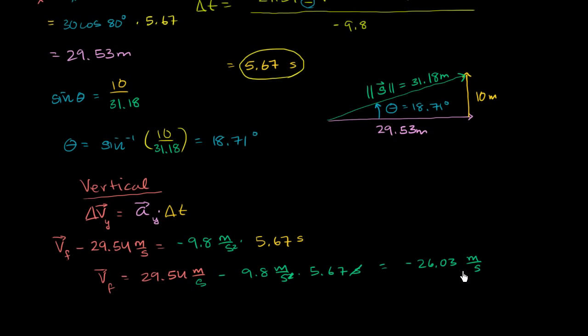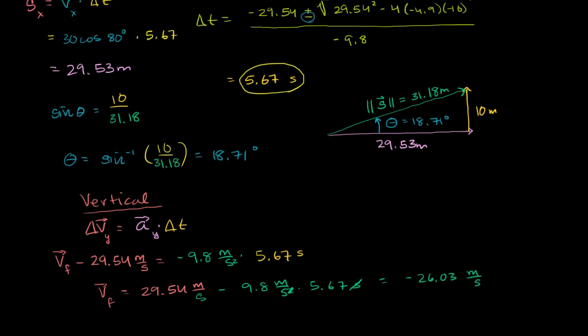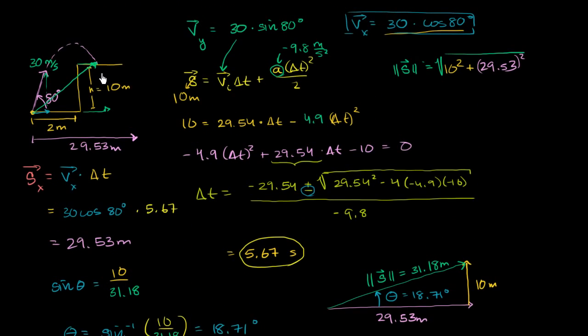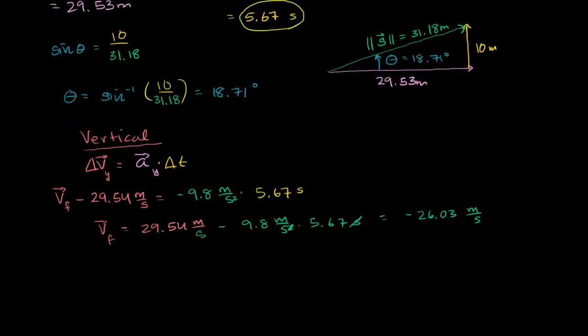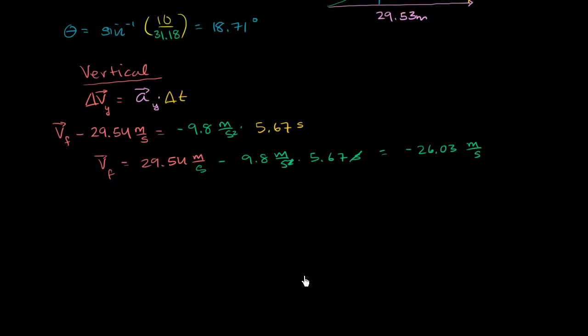And you might say, wait, Sal, what does this negative 26.03 meters per second mean? Remember, when we're dealing in the vertical dimension, positive means up, negative means down. So it means that we're going 26.03 meters per second downwards, right when we land.